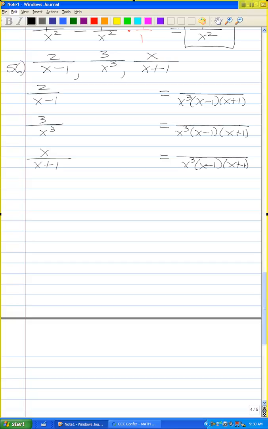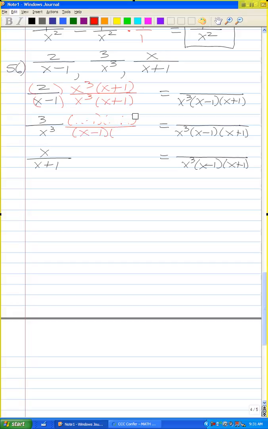Okay, so let me multiply and divide by, well, I need an x cubed, and I need an x plus 1. I need an x minus 1.